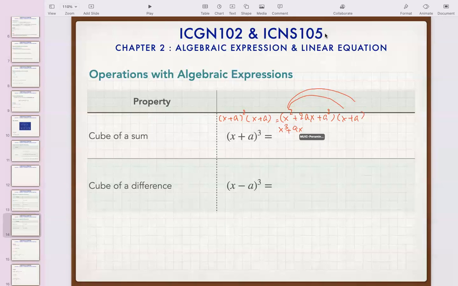Then I multiply 2ax, distributing 2ax with x plus a, and I get 2ax squared plus 2a squared x. Now I multiply a squared with x plus a, then I get a squared x plus a cubed.